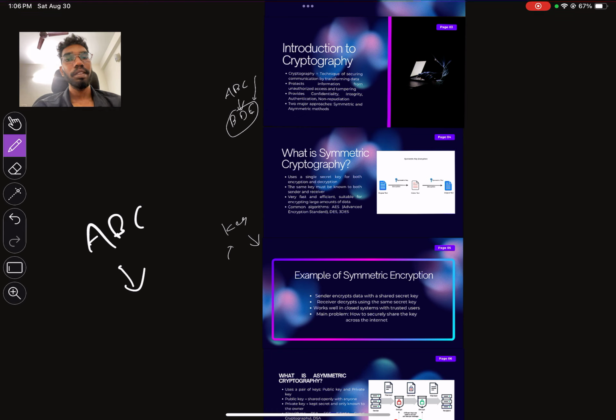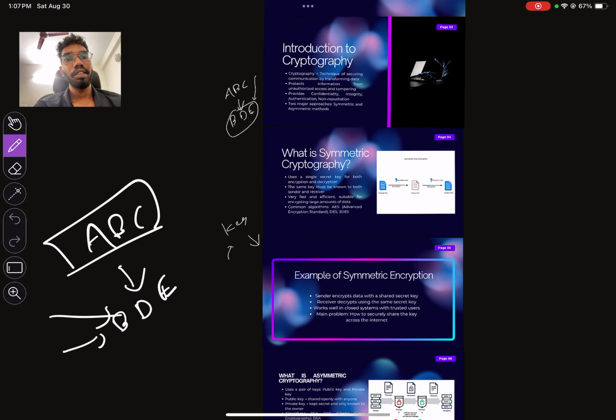The key is used to change this ABC into another text, let's take the same example, BDE. So now even unauthorized access will only see these letters and not the original.